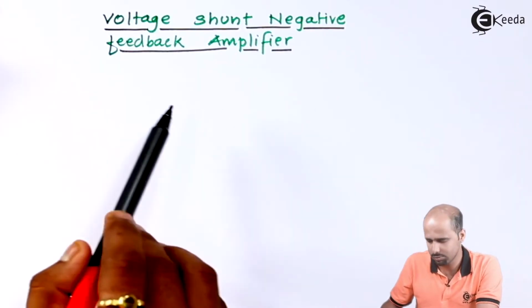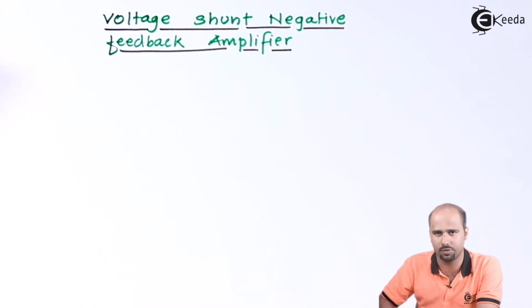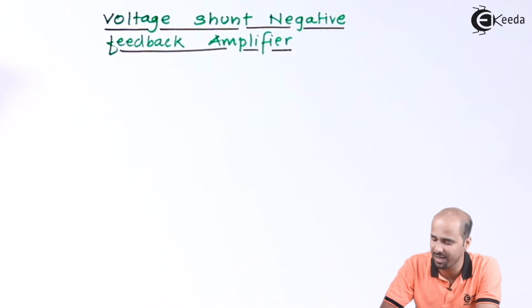Here we have to learn the voltage shunt negative feedback amplifier. Before going into the circuit, we have to discuss how to draw the circuit based on the name of the negative feedback amplifier. Here the topology is voltage shunt. So tell me, what will be the sampling parameter? Yes, the sampling parameter will be voltage, right?